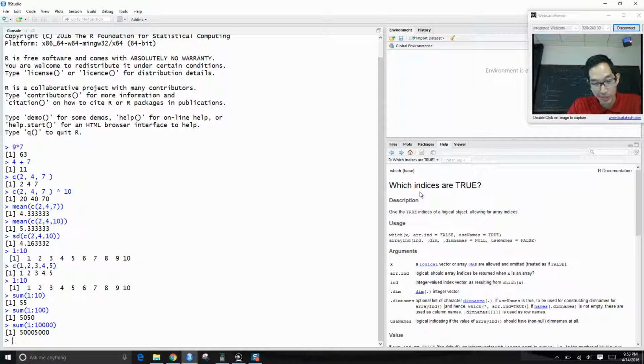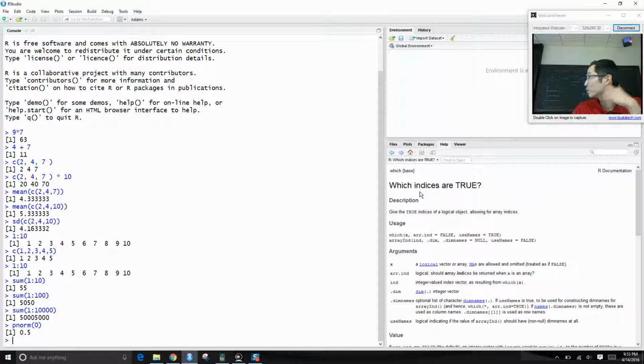Anyway, there are certain things. It has a built-in binomial and built-in normal distribution, okay? So pnorm is very much like your normal table. If you type in pnorm and you give it basically a z-score, it will tell you the area to the left. So what will pnorm of 0 tell me? 0.5. So you say pnorm 0, it gives me 0.5.